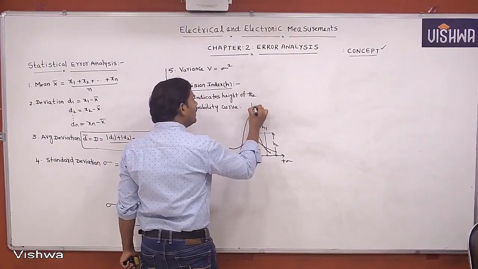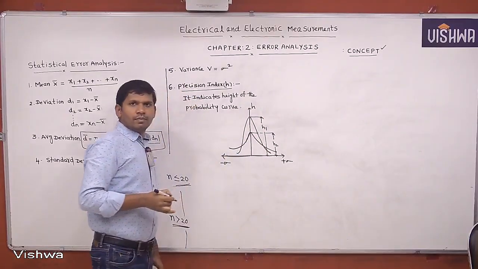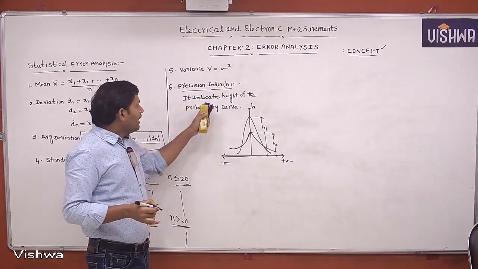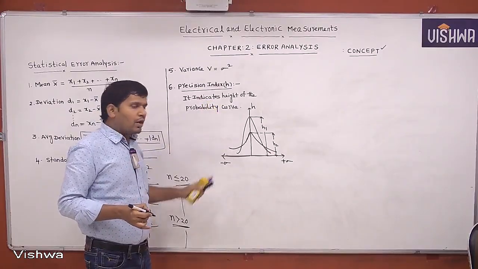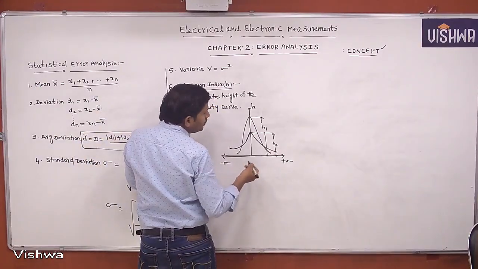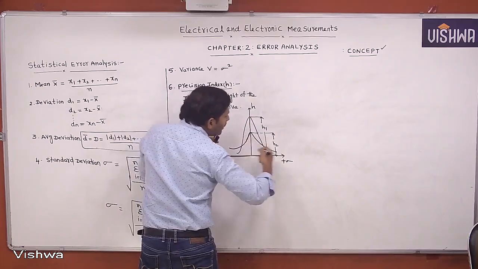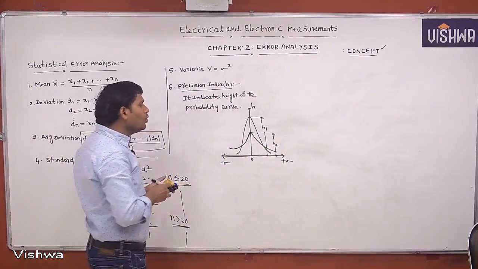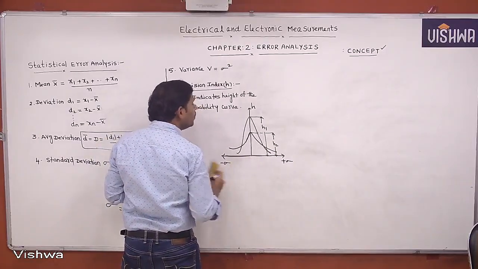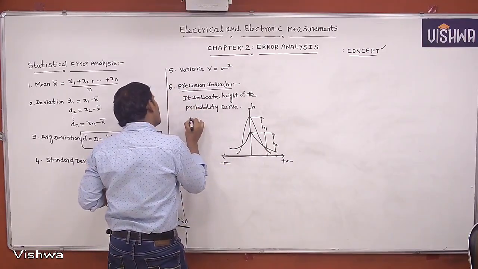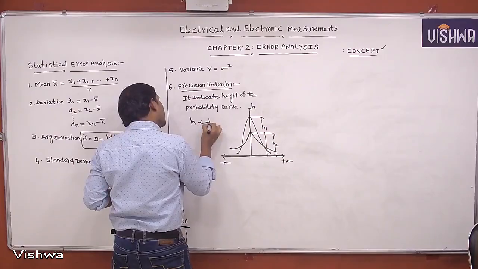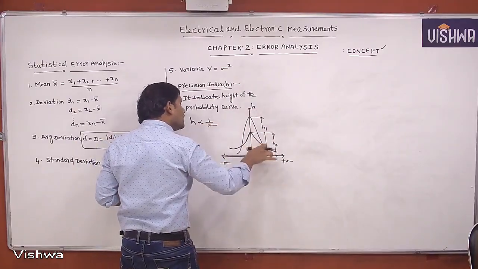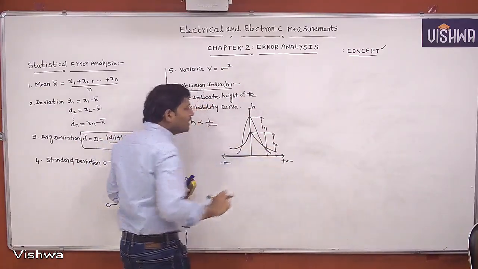Here you take H. Precision index indicates the height of the probability curve. What is the relation between these two? If height reduces, what is the deviation? Deviation from the central value or true value. This is the central value or true value. Then H is proportional to 1 by sigma. If the height is reduced, deviation increases.